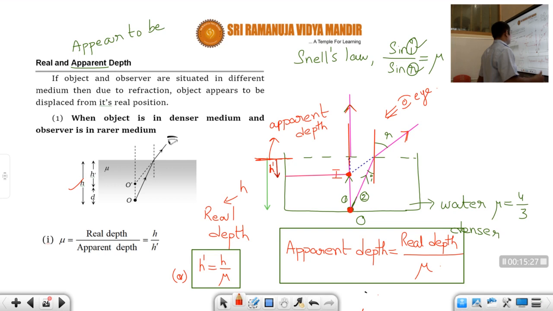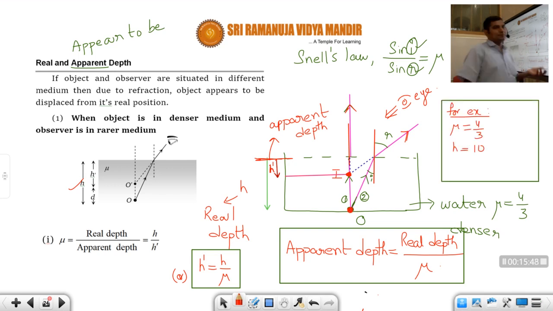That means the water depth, or suppose the tank depth, the object is at a depth of 10 meters. Now when you see from air, at what depth will you see? h dash is equal to h by mu, that is 10 divided by 4 by 3, that means 30 by 4. So 30 by 4, 4 sevens are 28, 7.5 meters. So that means you will not see it at 10 meters, you will see it at 7.5 meters students.